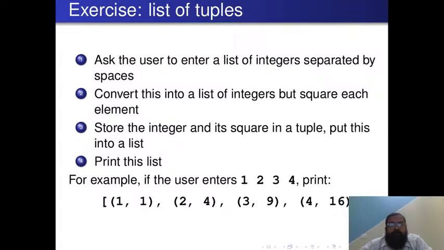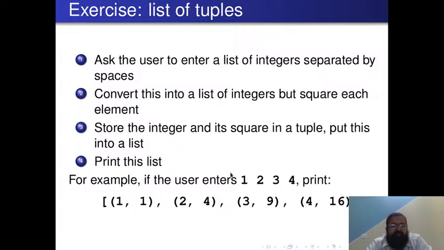Next question, list of tuples. Ask the user to enter a list of integers separated by spaces. Convert this list into a list of integers but square each element. Store the integer and its square in a tuple. Put this into a list. Print the list.